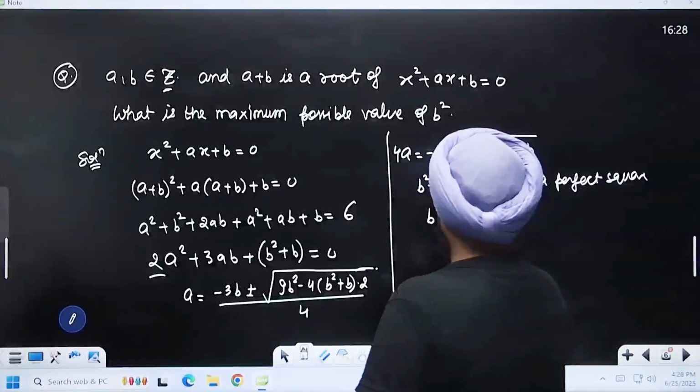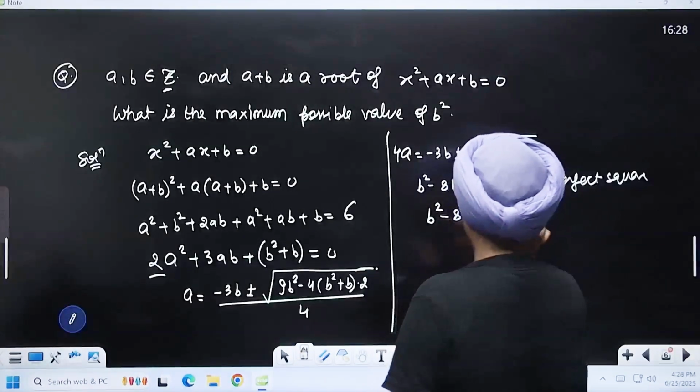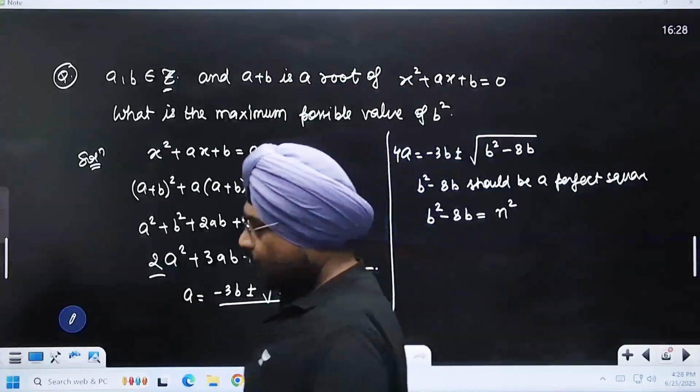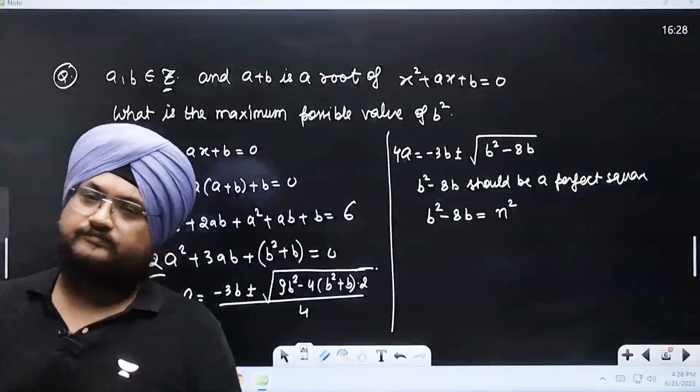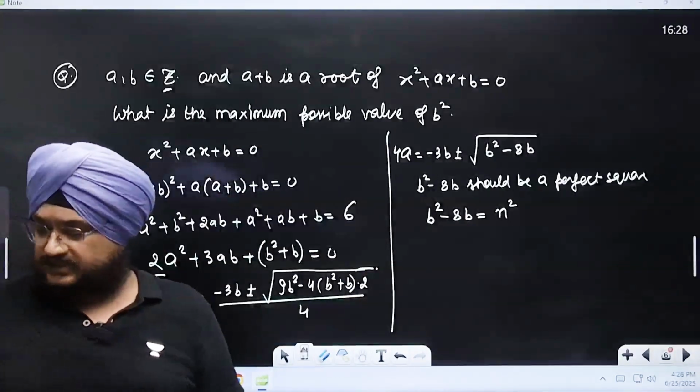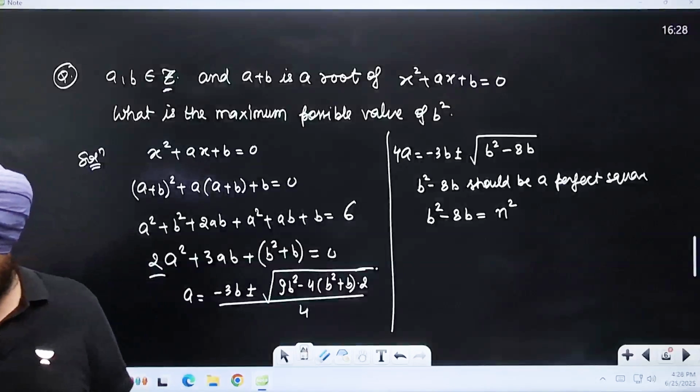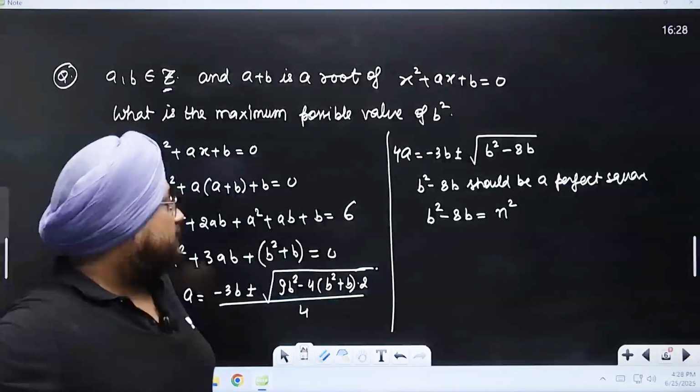Let's say b square minus 8b is equal to n square. We are considering this perfect square as n square.